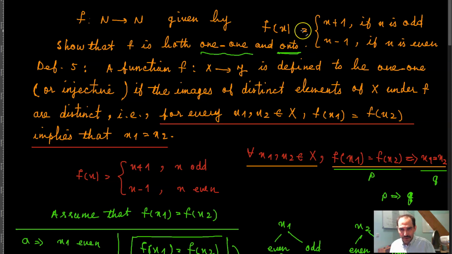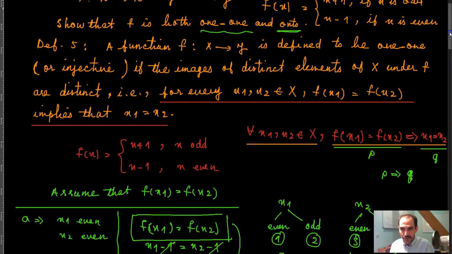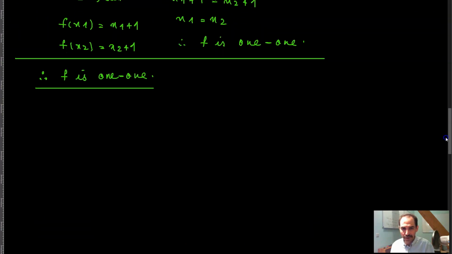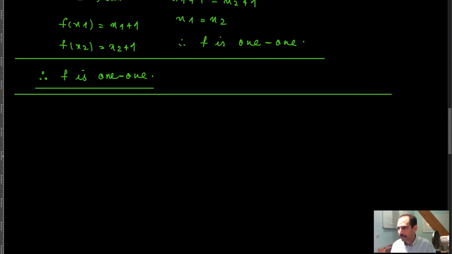So if you want to show that f is an onto function, what you need to do is, let me use another color here.